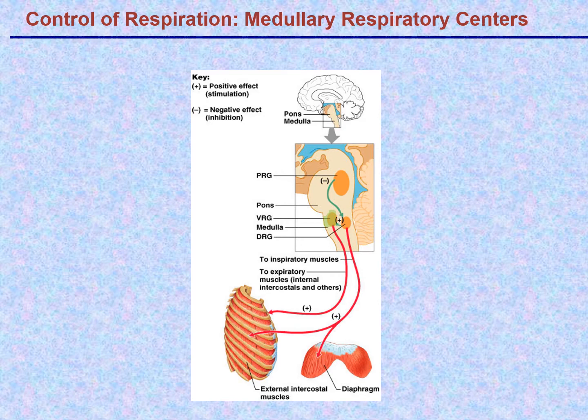The VRG sends signals out to muscles, but here you have signals being sent out to expiratory muscles, both the internal intercostal muscles and other muscles that are involved in forced inspiration and expiration. There are quite a few.